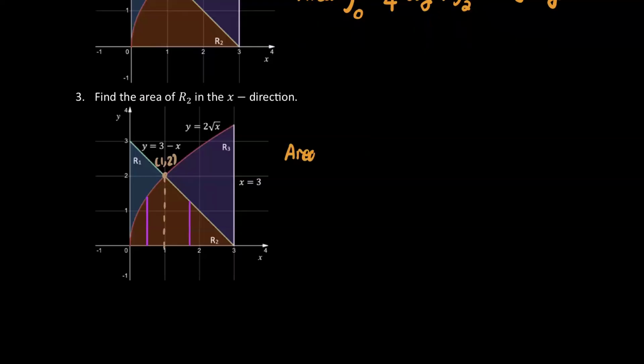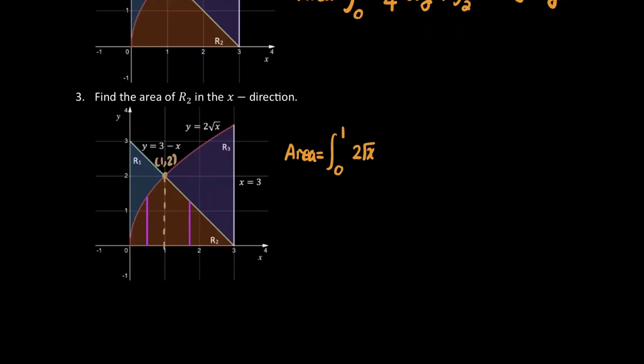So this time the area goes from left 0. First stopping point is 1. So that's the left portion of the region. And this time we have 2 square root of x because it's just the area bounded by the curve and the x-axis.